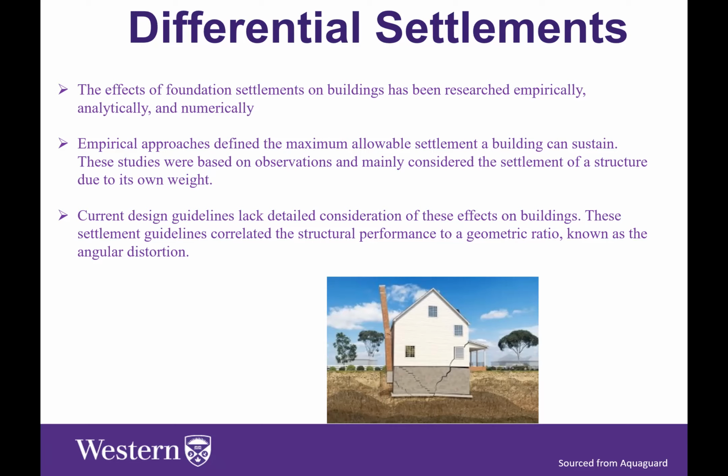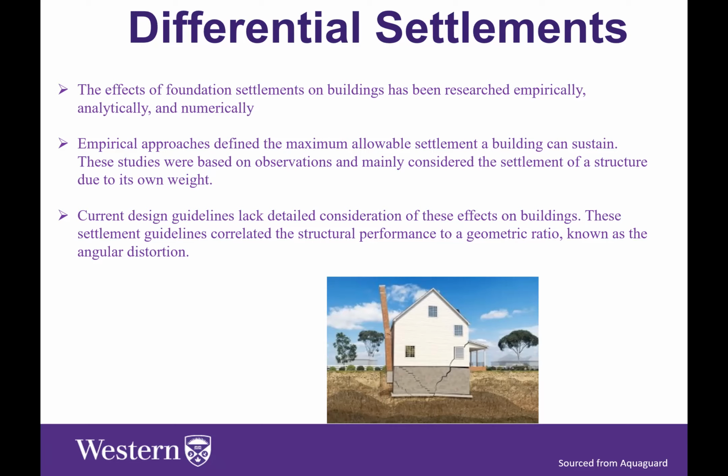Later on, it became evident that the empirical methods do not really give you a full picture. It gives you a partial solution, which is when two researchers, Skempton and McDonald, in 1956, were able to quantify the maximum allowable settlement. This was the first of its kind in terms of quantifying differential settlement.